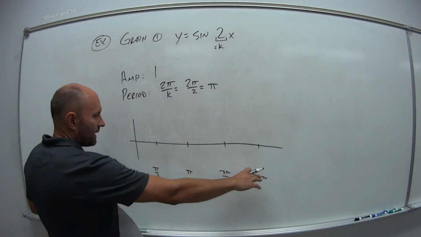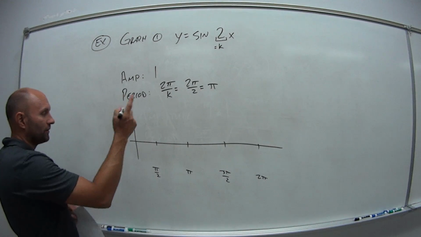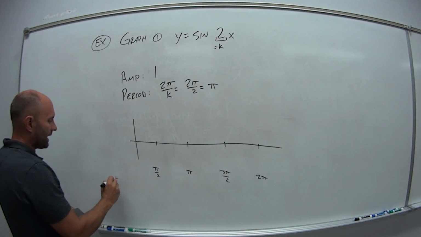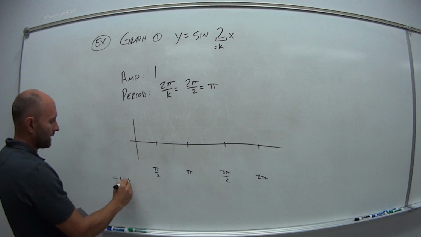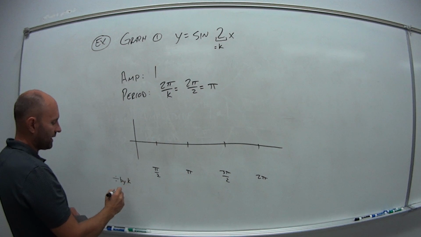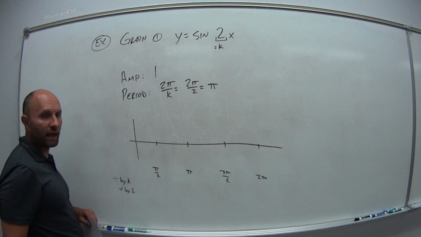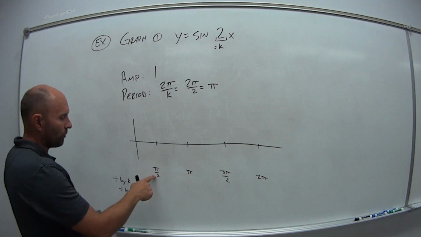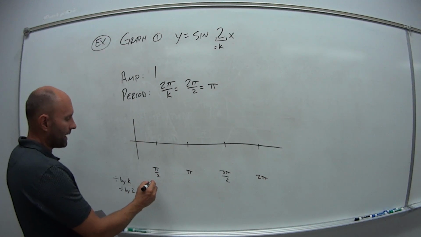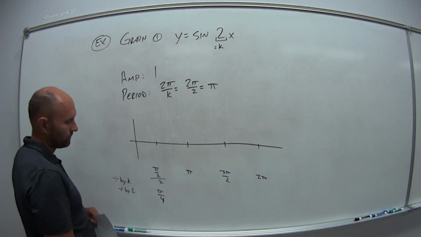So if we write down what the original value should be, then the second step is to divide by k. So in this case, I want to divide everything by 2, because my k is 2. So pi over 2 divided by 2 is pi over 4.